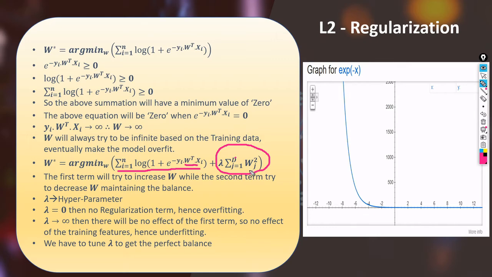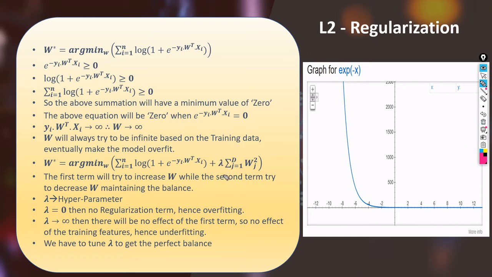So we are adding an independent term, summation j equals 1 to d of wj square. This is the L2 norm of W. So that's why the regularization is named L2 regularization. And lambda is nothing but the regulator, or better to say the hyperparameter. So in logistic regression, the hyperparameter is lambda.